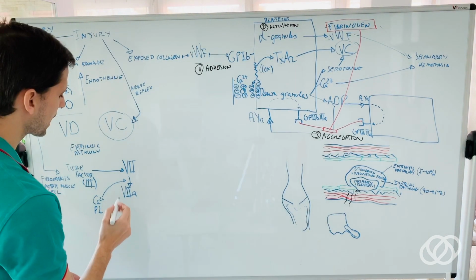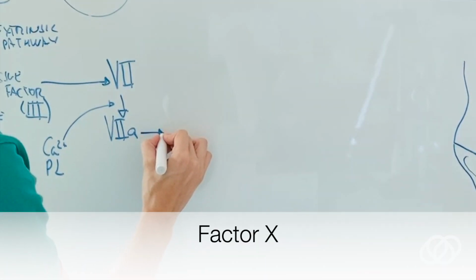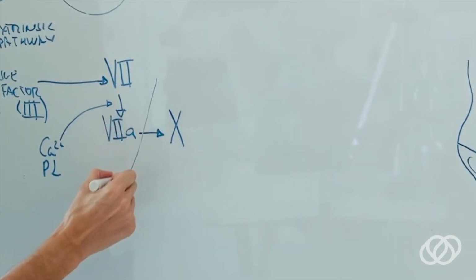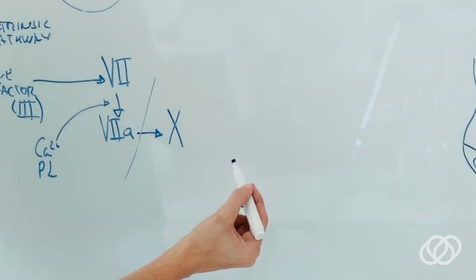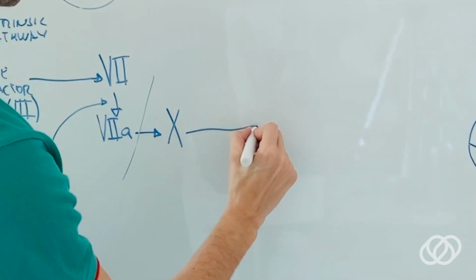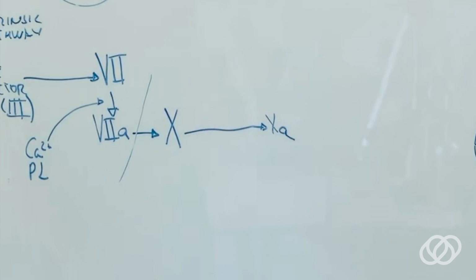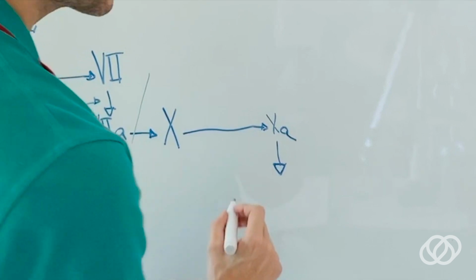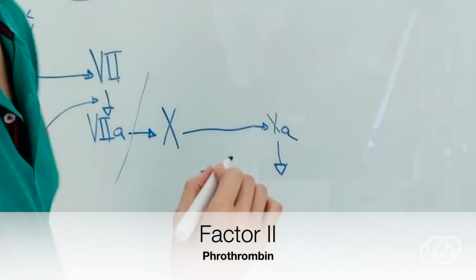So after that, when we have this activated tissue factor, it will activate factor 10. Up to now, here is the end of the extrinsic pathway, and here it begins what is called the combined pathway. Then this factor 10 will become activated factor 10. This activated factor 10 will activate factor 2. Factor 2 is called prothrombin.